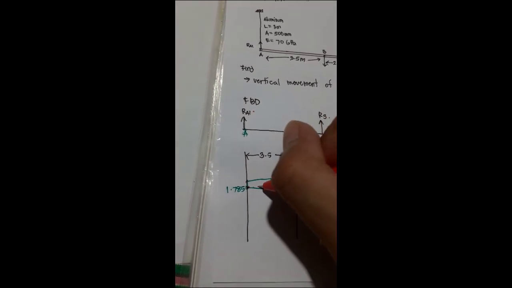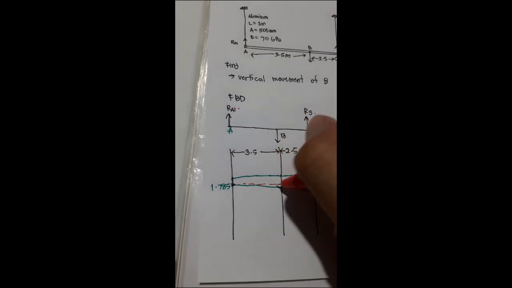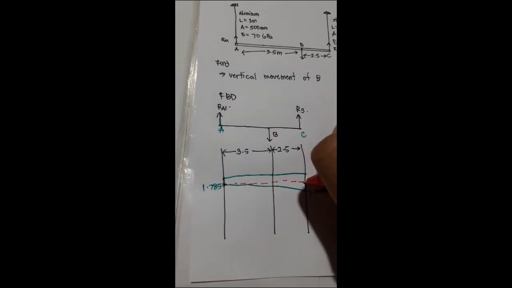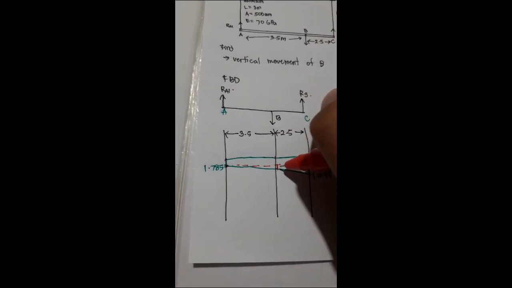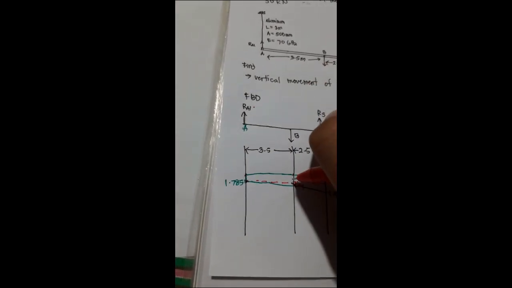So we are going to draw a straight line here to cut the plane into a rectangle and a triangle. And we are tasked to find the distance here, so we are going to denote this as y. And we know that this portion here measures 1.785.